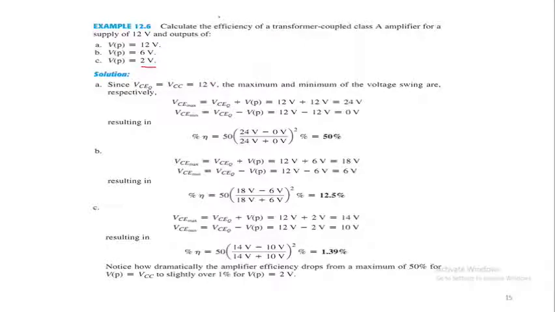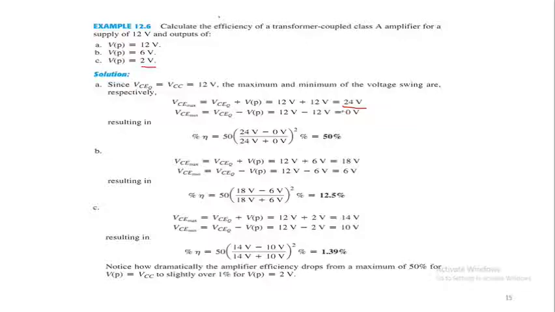So इस एग्जाम्पल का सोल्यूशन है, since VCEQ equal to VCC that is equal to 12 volt, the maximum and minimum of the voltage swing are respectively VCE max equal to VCEQ plus VP. So VCEQ is 12 volt and VP for part A is given as 12 volt. So that is equal to 24 volt. VCE max की value 24 volt है, and VCE min should be equal to 0 volt, because VCEQ minus VP equal to 12 minus 12, that is equal to 0.